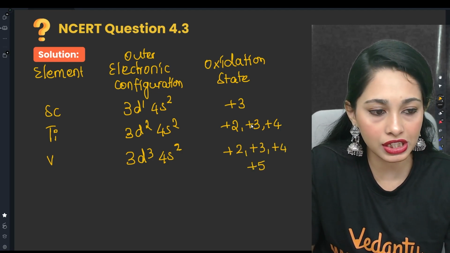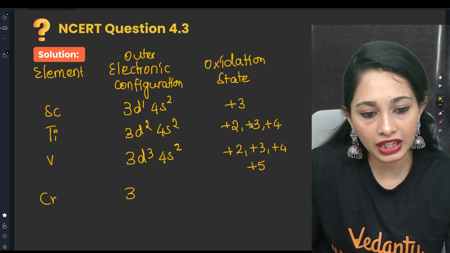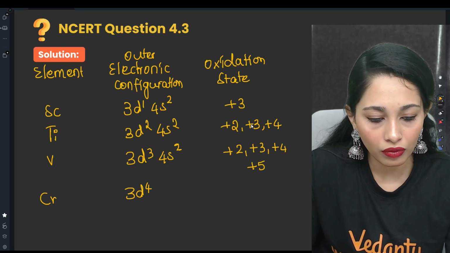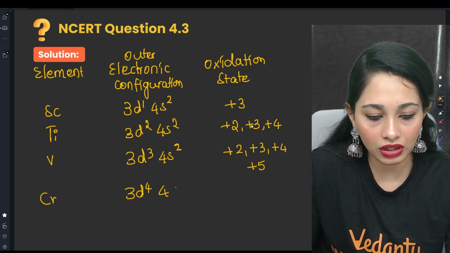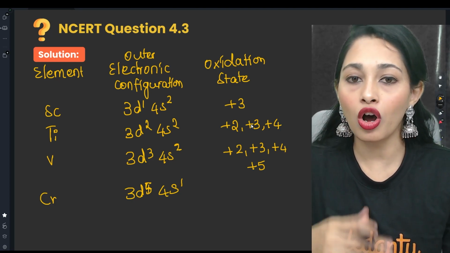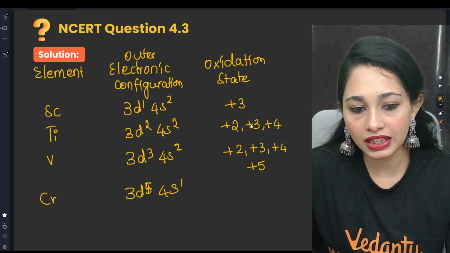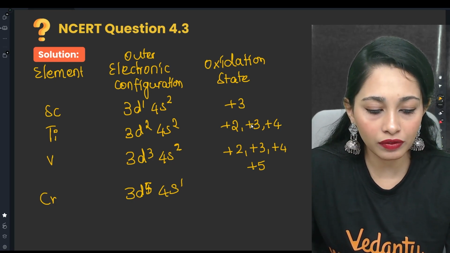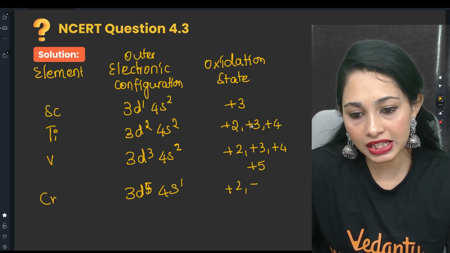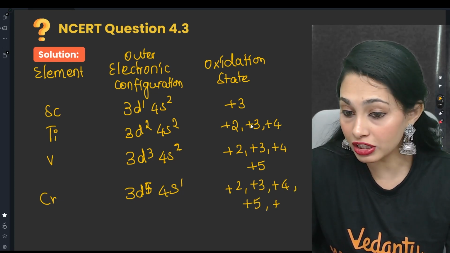And then we have chromium, 3d5 4s1, because half-filled orbitals are more stable. It will exhibit plus 2, plus 3, plus 4, plus 5 and plus 6 oxidation states.